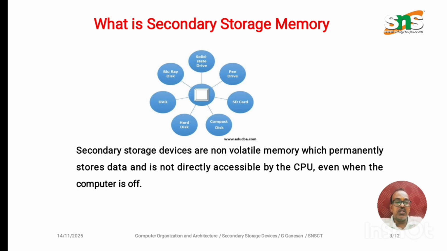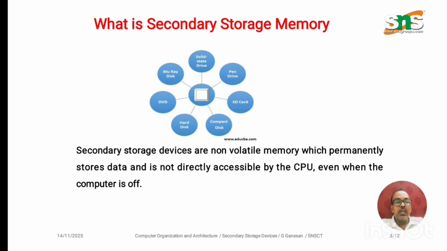These devices are attached or inbuilt with the systems. At the time of manufacturing itself, the companies provide RAM, random access memory. It's attached with the system for storing programs and data.